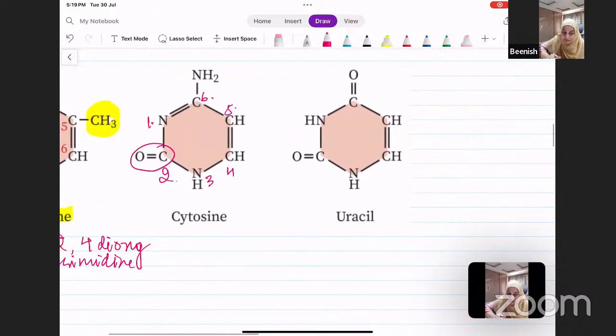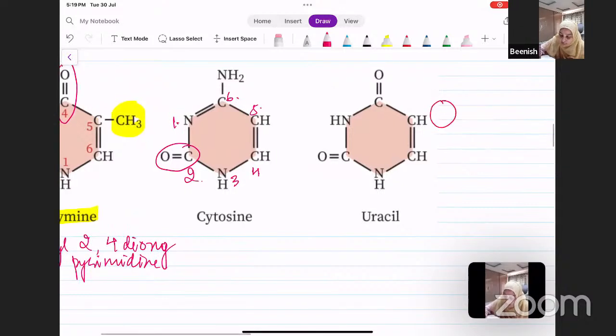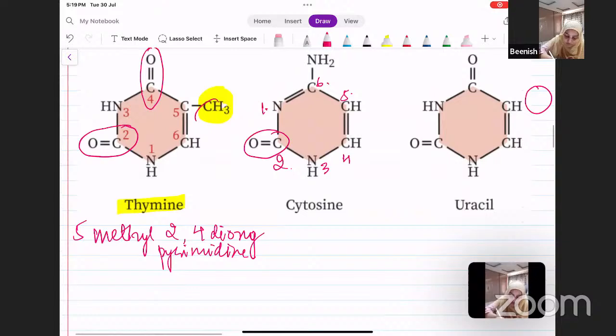And then uracil. In uracil and thymine, what is the only difference? There is no methyl here in uracil as there was in thymine. That is the only difference.